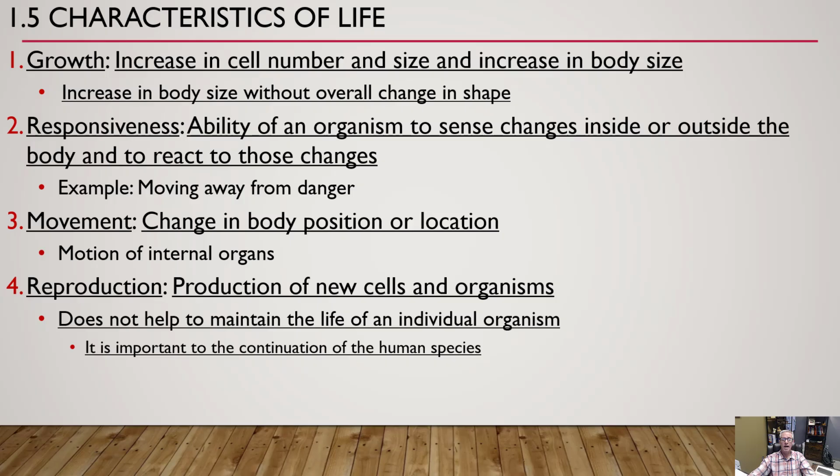Reproduction. We have to be able to produce new offspring in order to continue life. But out of all of the characteristics of life that we'll talk about, reproduction is the only one that is not required for me to continue my life.